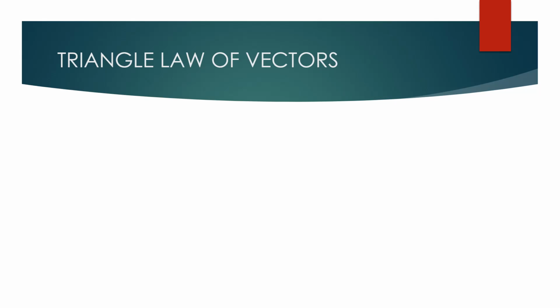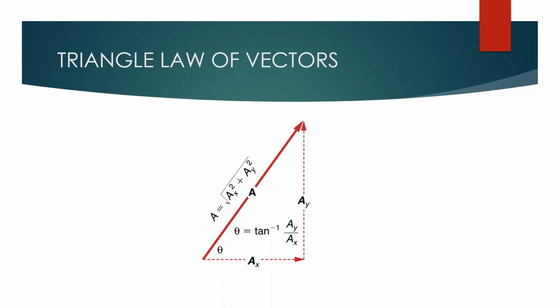Triangle law of vectors. Two vectors are acting in perpendicular directions. One vector Ax is going like this, to the left, and another is going up. Let us say one is moving towards east and another towards north. Then their resultant can be found using the triangle law.